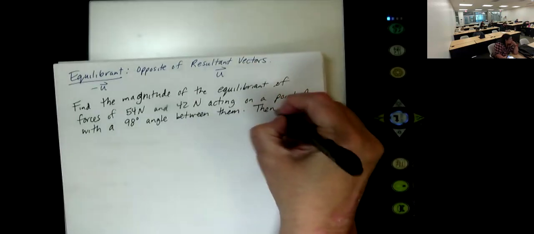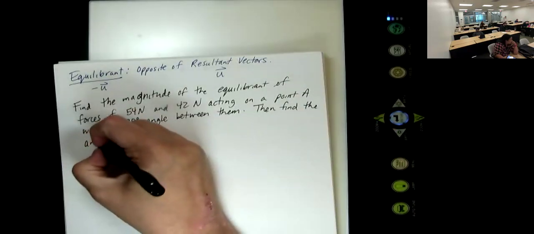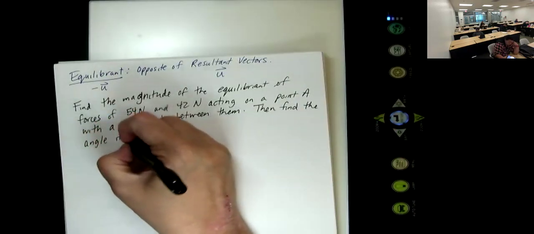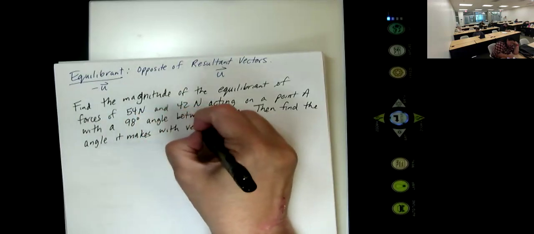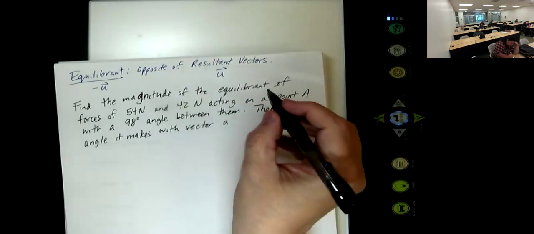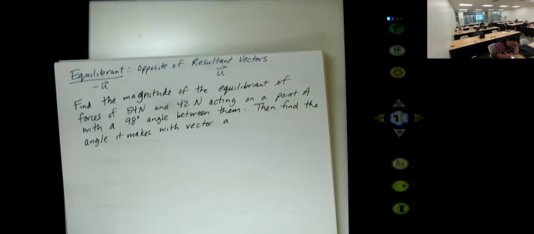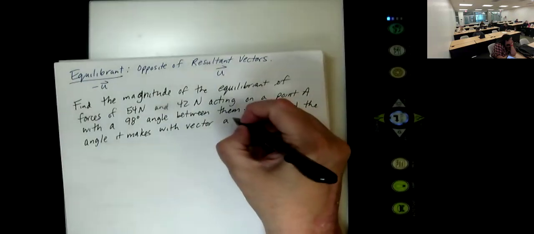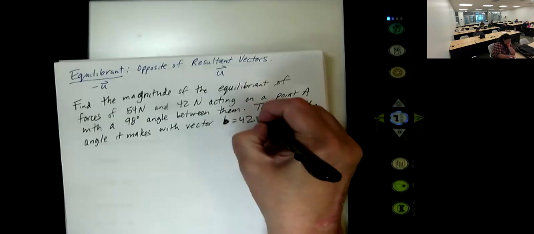Then find the angle it makes with vector A. Well, B, I want to go off the 42 newton vector.